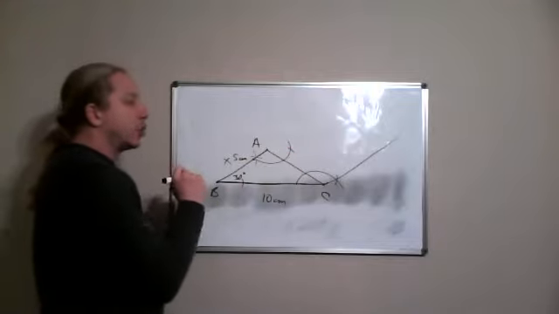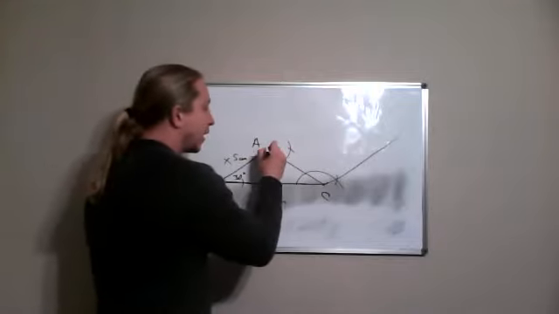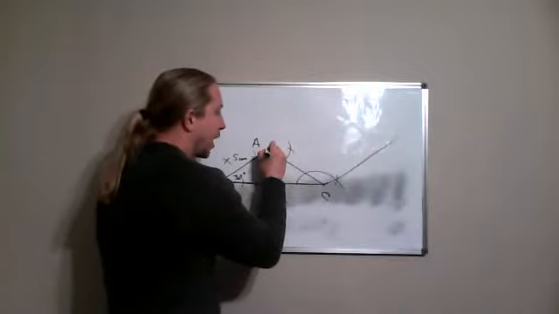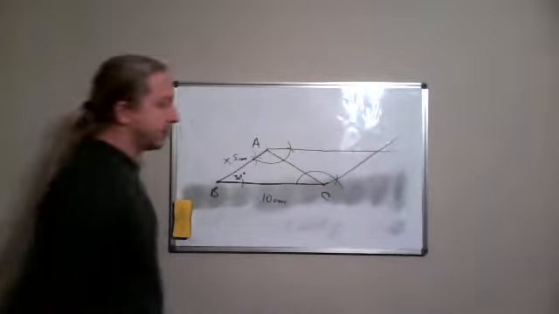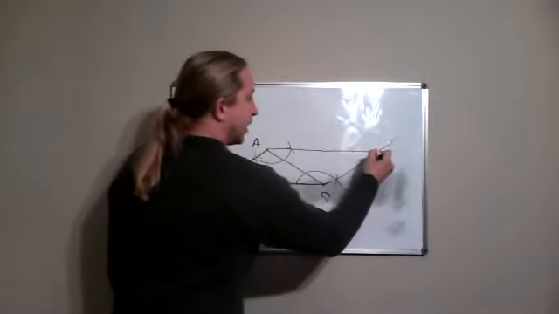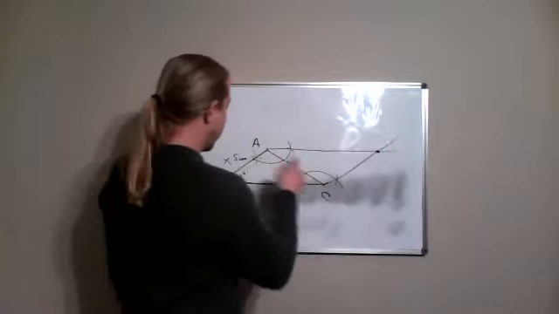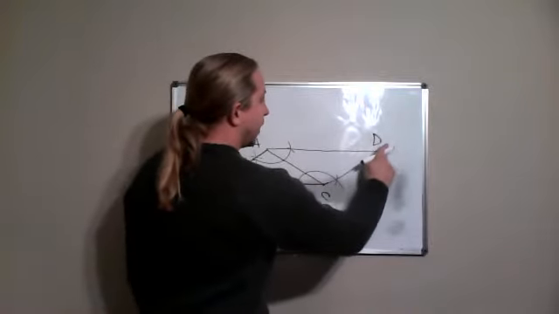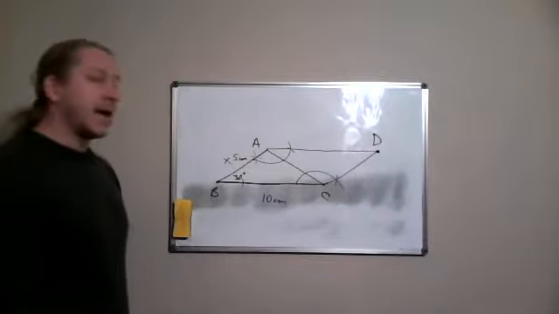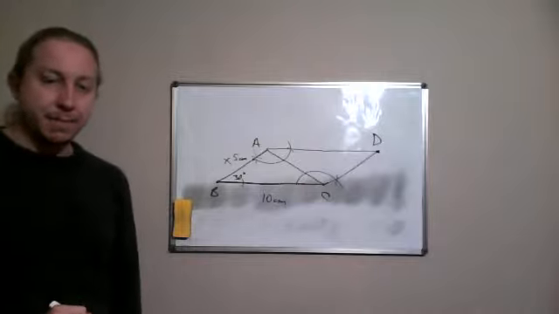The intersection of those two arcs gives me the point through which the line goes from A across like that. Now the intersection of these two lines gives me the other point, so A, B, C, D. Then I can erase that and I have my parallelogram.